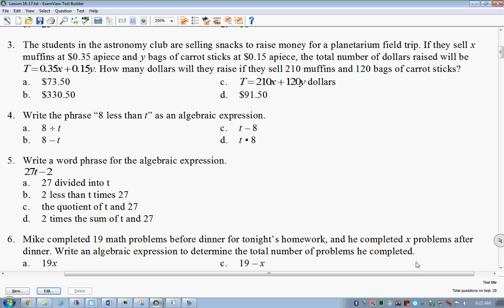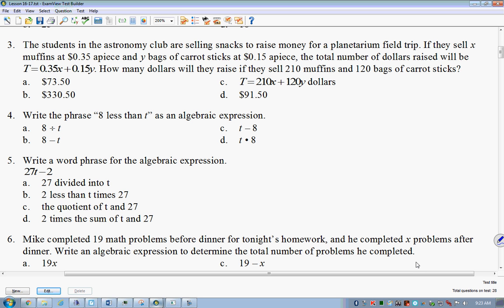If they sell X muffins at 35 cents a piece and Y bags of carrot sticks at 15 cents a piece, the total number of dollars raised will be, and notice that they give me the equation. So I don't actually have to write the equation, which is nice. T equals, or total equals, 35 cents times X plus 15 cents times Y. How many dollars will they raise if they sell 210 muffins and 120 bags of carrot sticks?